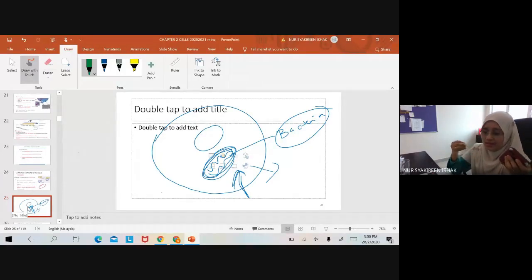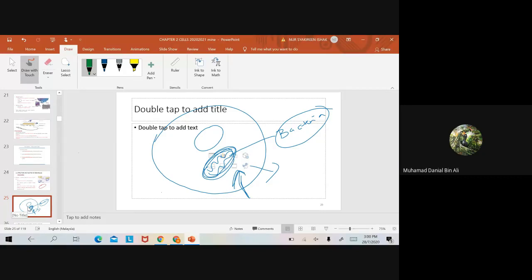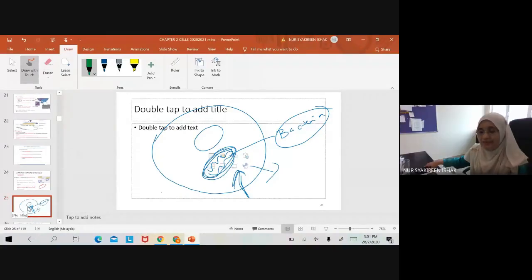Itu adalah teori sahaja, okay? Endosymbiotic teori. So maksudnya mereka merge sama-sama and become parts of the cell ataupun organelles of the cell. Sekarang ni jadi organelle dalam sel. Itu just a theory, alright?